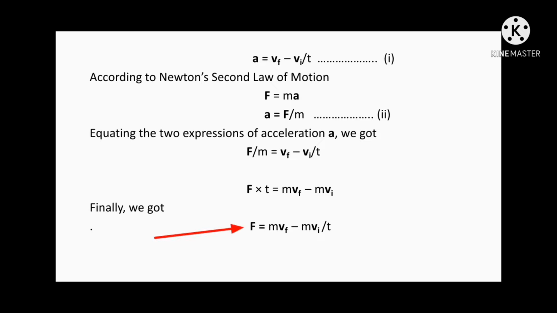So, if the time of contact is increased, then the force is decreased and it becomes easy for him to catch the ball. Otherwise, if he suddenly catches the ball, then the time of contact is very small and he has to apply a lot of force and this may also injure his hand.